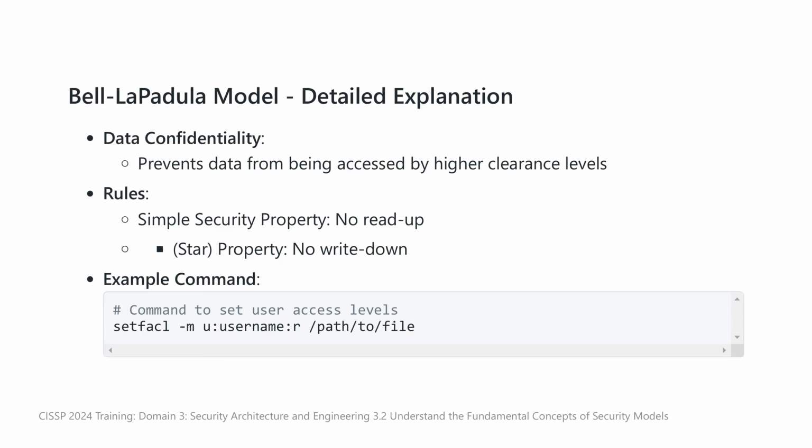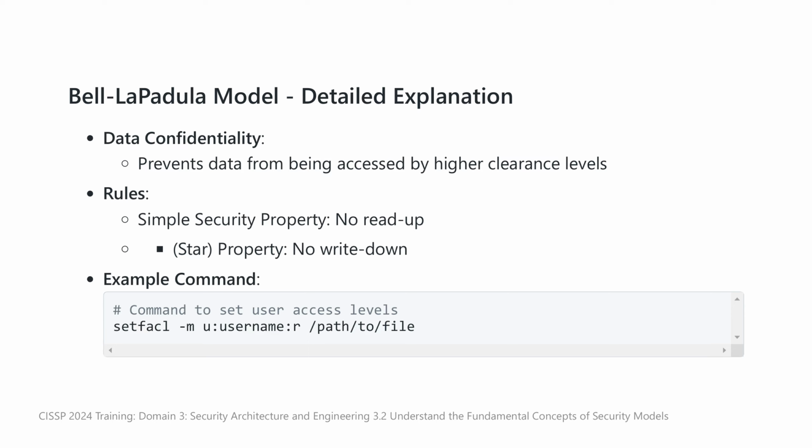The Bell-LaPadula model is primarily focused on maintaining data confidentiality, ensuring that information is only accessible in a manner consistent with the user's clearance level. This model is known for its two core rules: the simple security property, which dictates no read-up, preventing users from accessing information at a higher classification level, and the STAR property, which enforces no write-down, restricting users from writing information to a lower classification level.